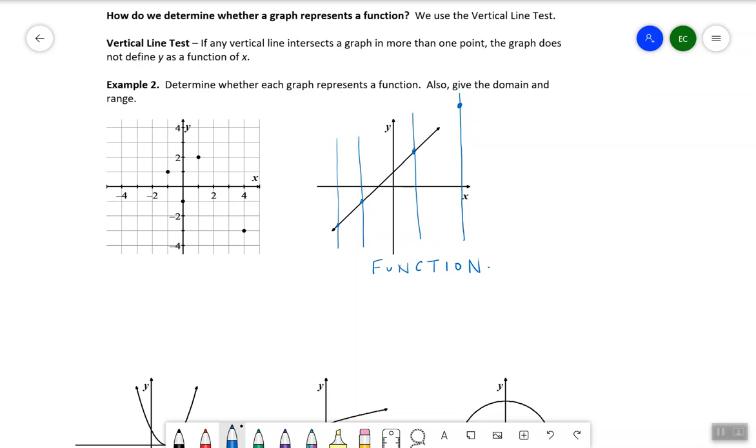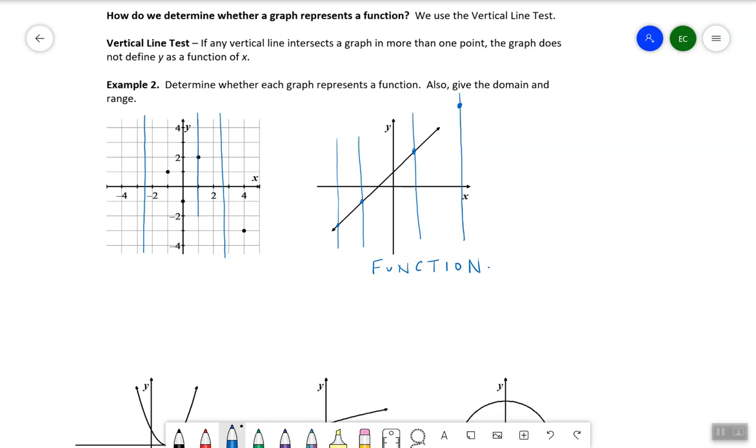Okay, and so now let's go back to the first graph. The first graph just consists of 1, 2, 3, 4 points. So if you drew a vertical line here, it doesn't hit the graph at all. And you could draw a vertical line between the points, and it doesn't hit as well. It does not hit any point.